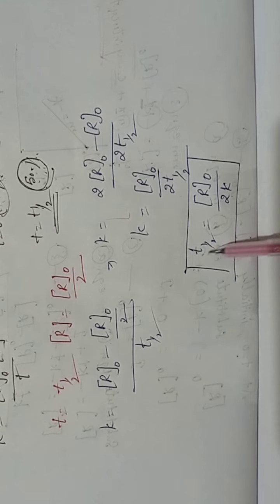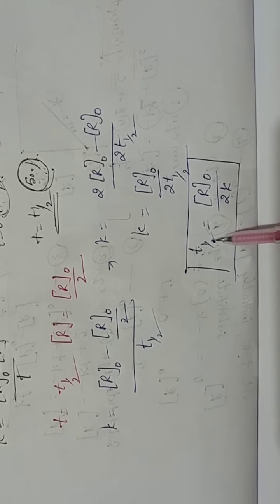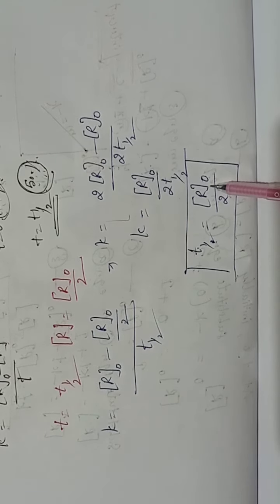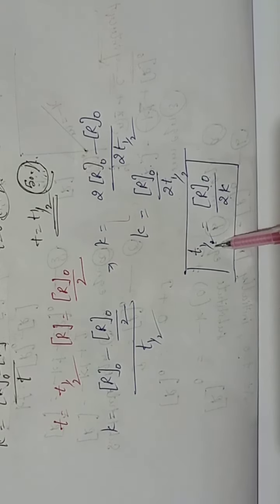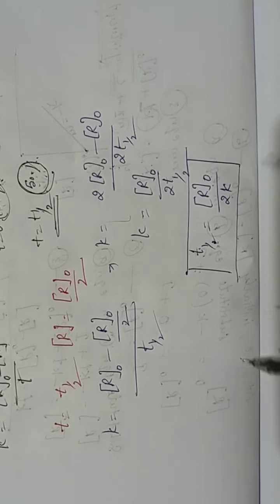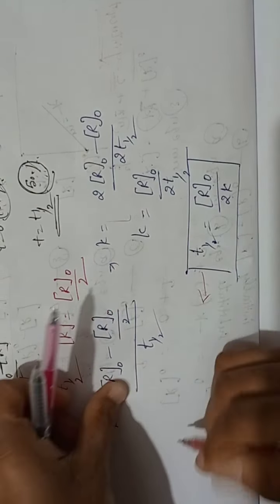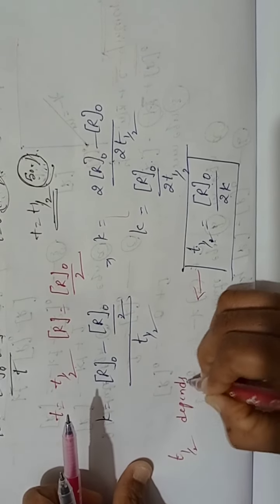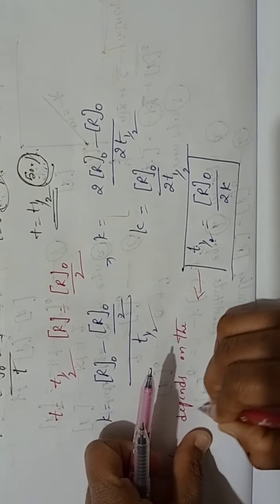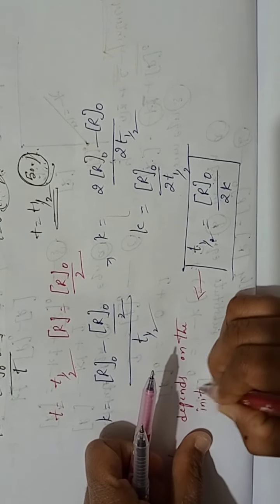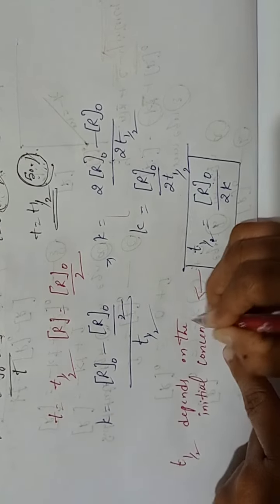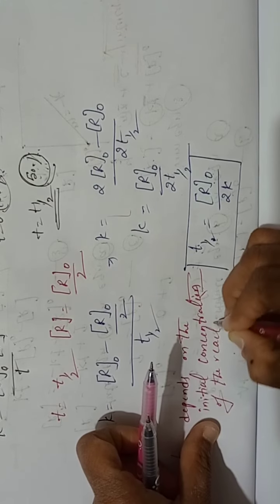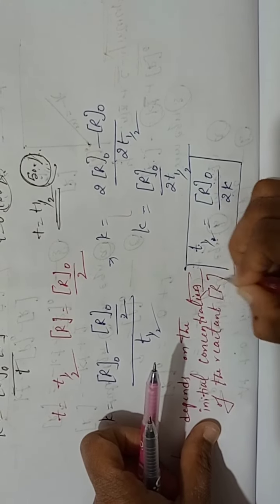That means what we can say: T half, which is nothing but the half life for a zero order reaction, depends on the initial concentration of the reactant. Understanding, students? Finally we can say that T half depends on the initial concentration of the reactant, that means R naught.